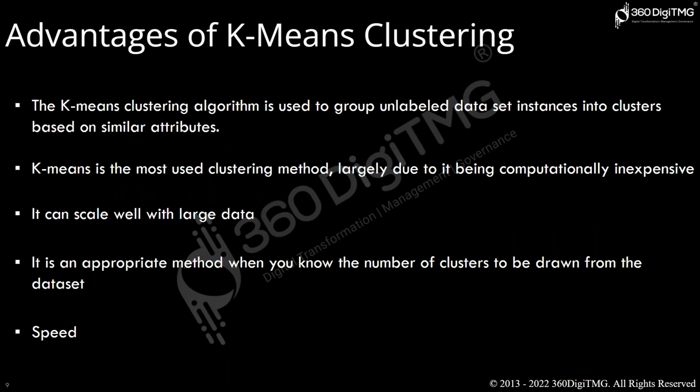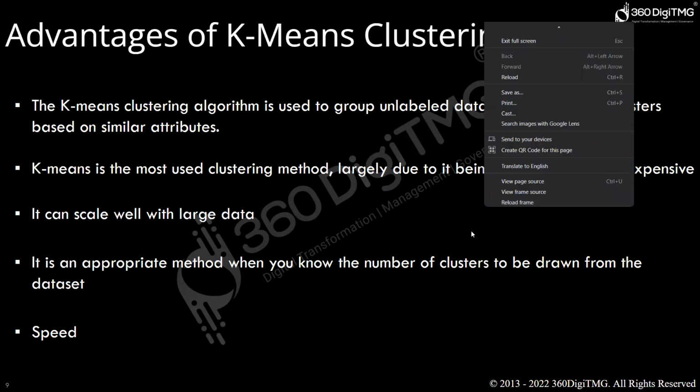The K-means clustering algorithm is used to group unlabeled data into clusters with similar attributes. It is an appropriate method for large-scale data when you know the number of clusters that can be drawn in the data. The speed is a key advantage of K-means clustering, guys.